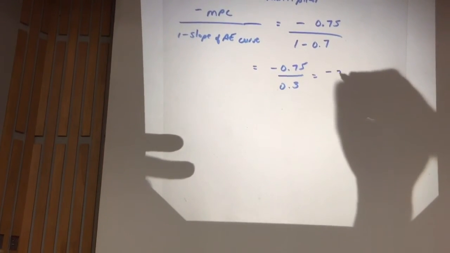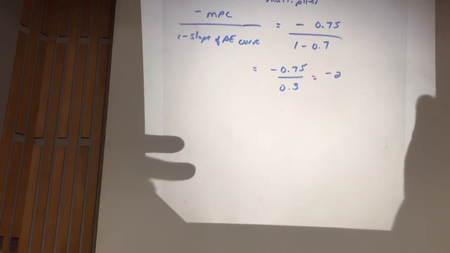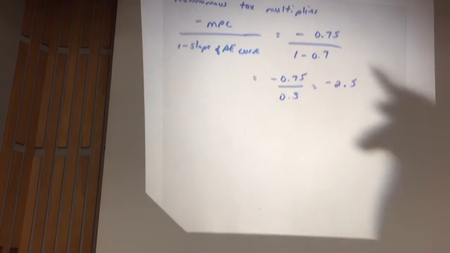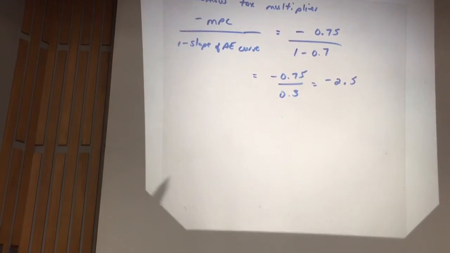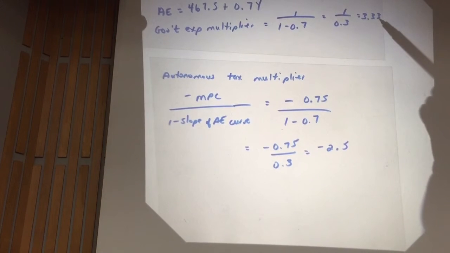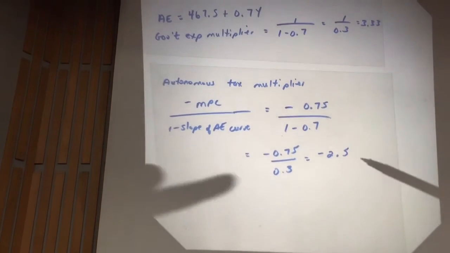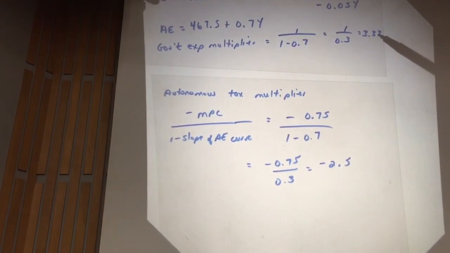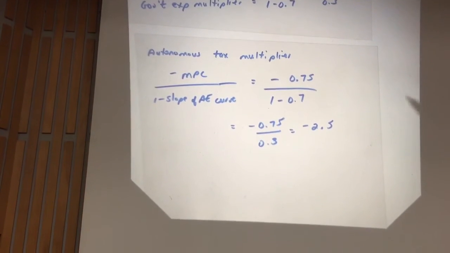Negative 2.5. So notice, government expenditure multiplier is positive, autonomous tax multiplier is negative, and this number here, absolute value, is greater than this number here. Okay.